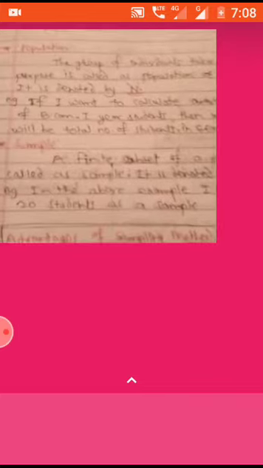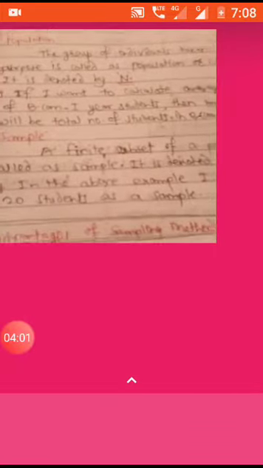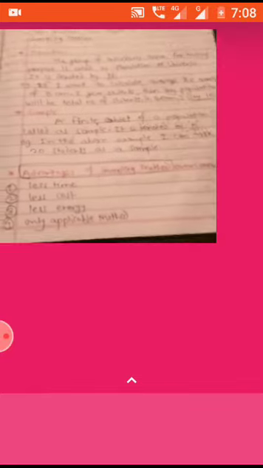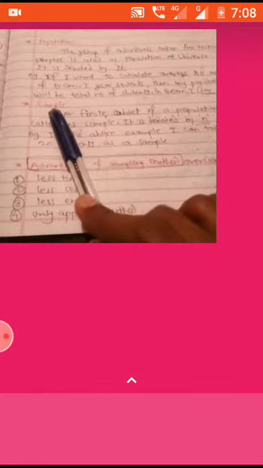Suppose I want to do research on Kolhapur district, then the total population of Kolhapur district will be my population.